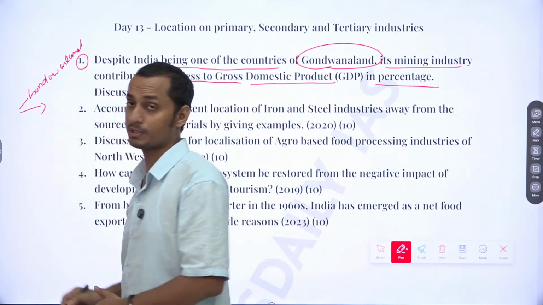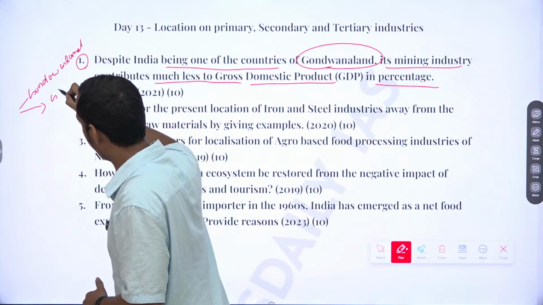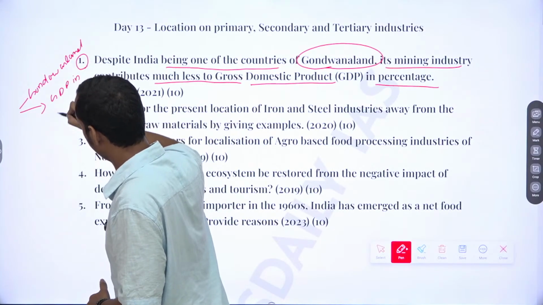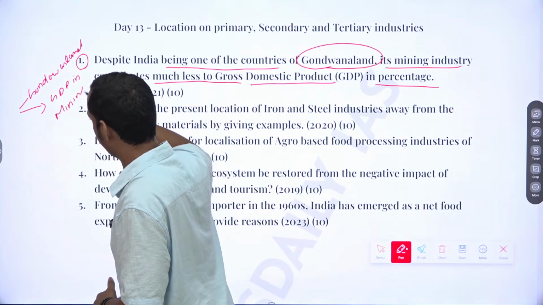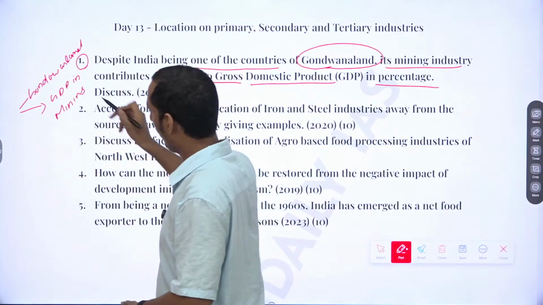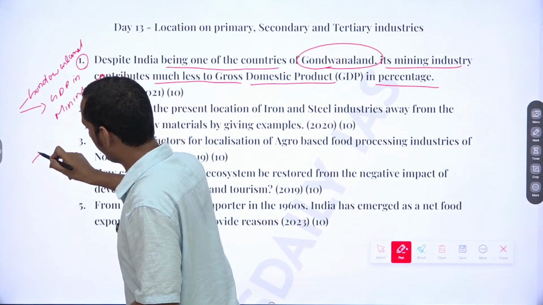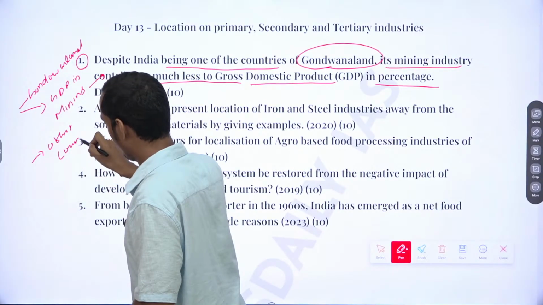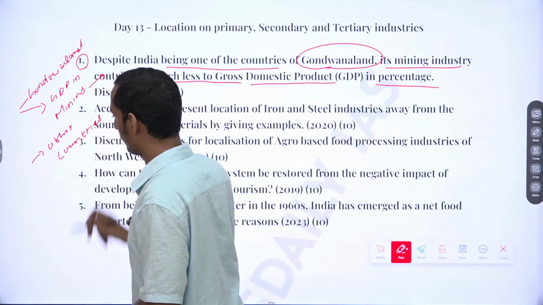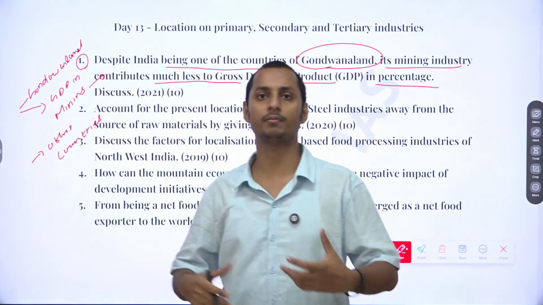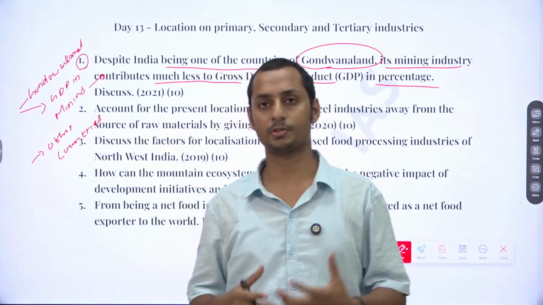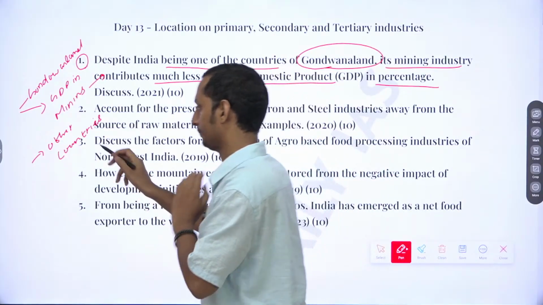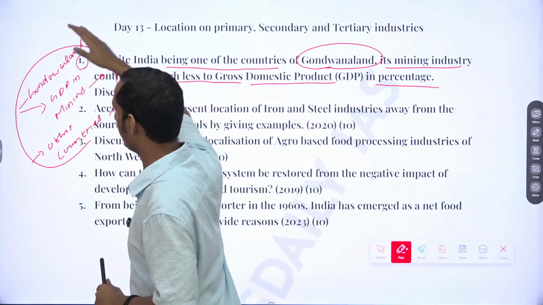After that, you must mention how much is India's GDP percentage in the mining sector. Always also compare it with other countries in the Gondwana land. You don't just compare with USA or something, but try to compare the GDP percentage of mining of those countries which were situated in the Gondwana itself. So this is where you can introduce your question.